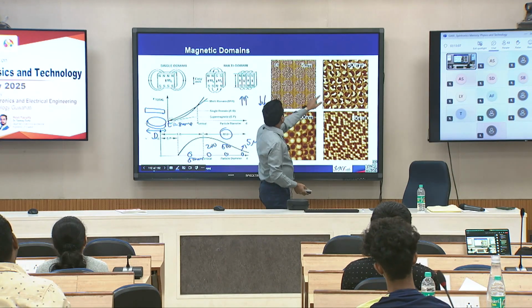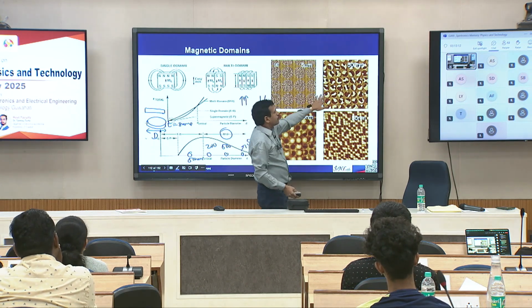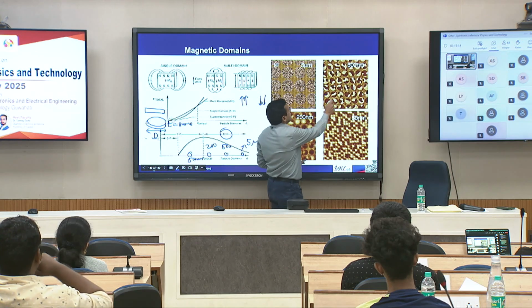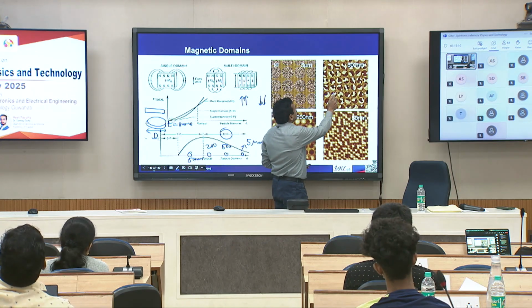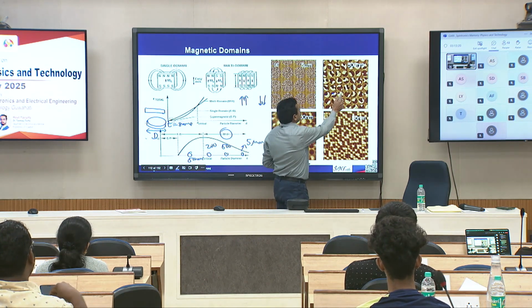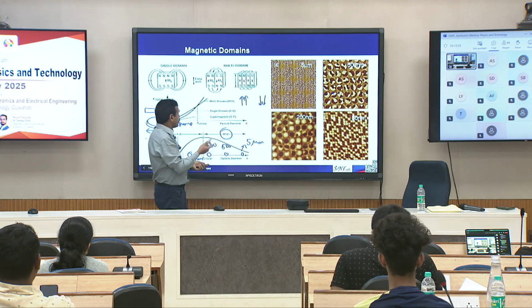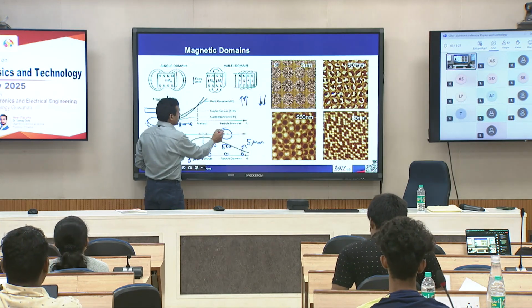This is one domain pointing up, this is another domain pointing down. So, here you have two domains. In this disk you can see three domains, brown, beige, brown. Here again you see three domains. So, basically at 500 nanometer also domains have formed, so it is still in the multi-domain state.